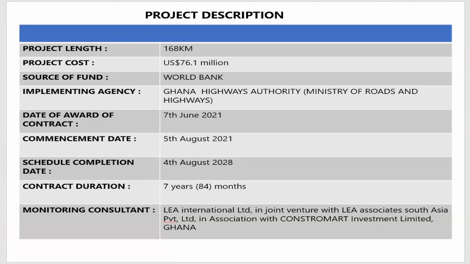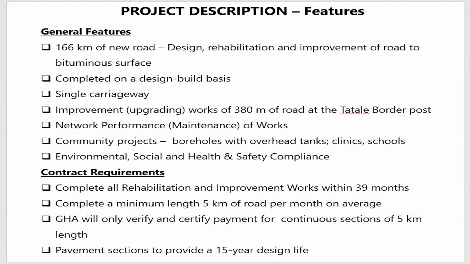So 7 years in all, 2 years for the rehabilitation and construction phase, and then 5 years for the maintenance phase of the project. Generally, these are the project indicators or the features. To do 166 kilometers, both rehabilitation and maintenance.